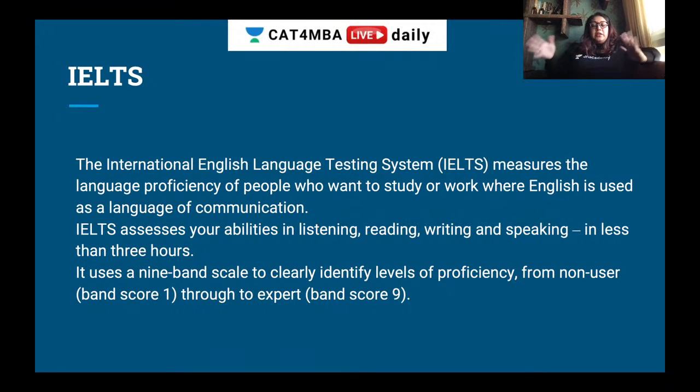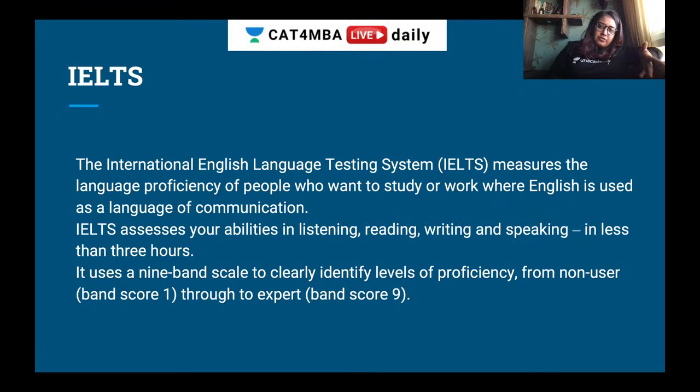Then we move to the reading section for the general training, and with that we complete the entire reading section of both examinations, right?